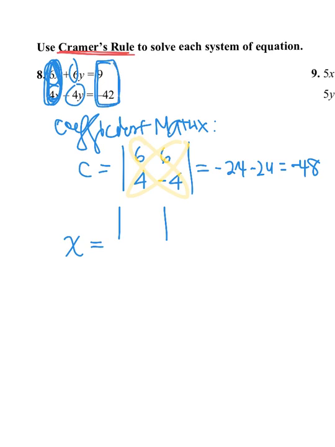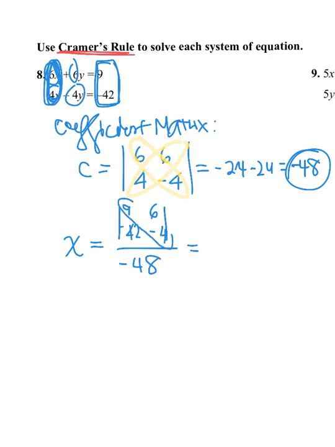So instead of 6, 4, I'm going to write 9, negative 42, and the y coefficients stay the same. And we're going to divide that by the negative 48 we got for the determinant of the coefficient matrix.